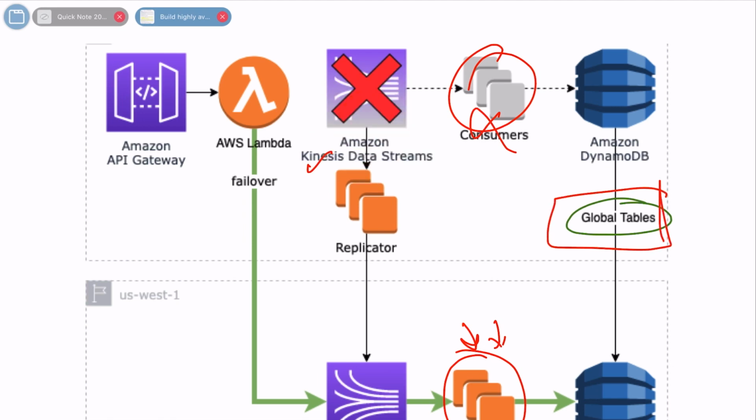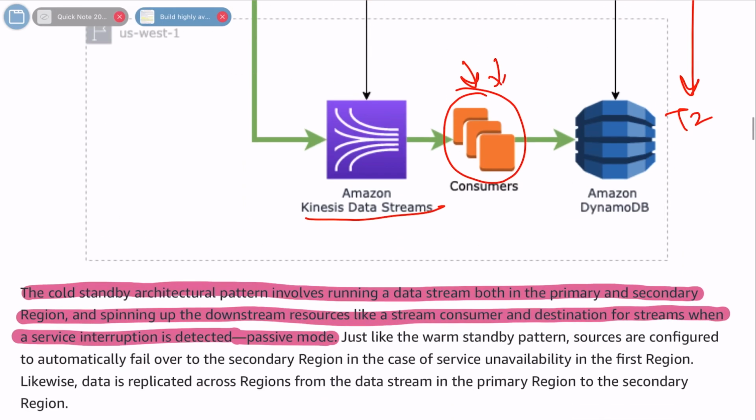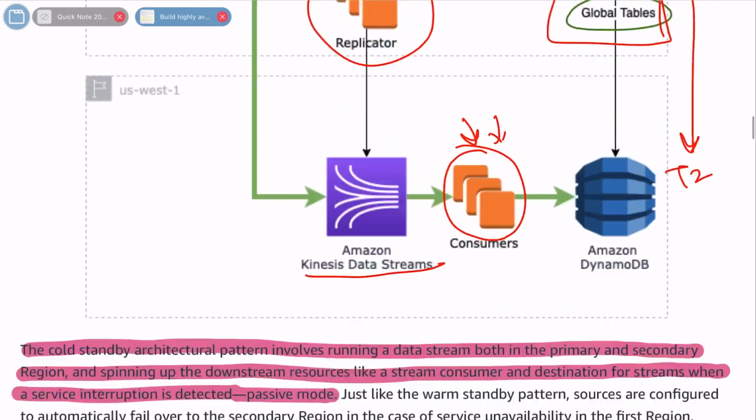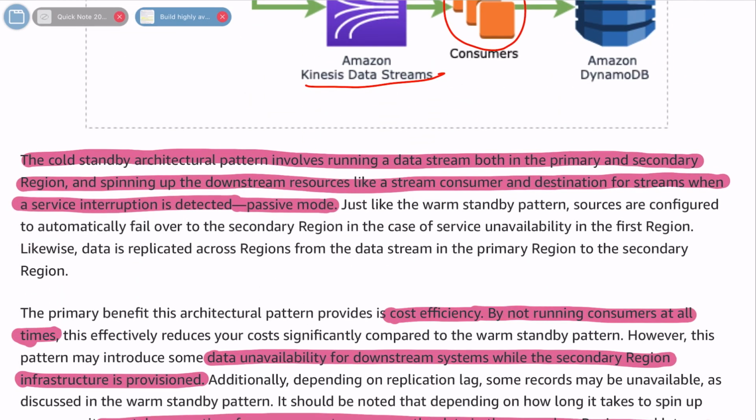A global table is essentially a table that is available in all the regions which we want. So Amazon DynamoDB will hold the responsibility of replication of data. So let's say this is T1, this is T2. It will be the responsibility of DynamoDB to replicate the data. We don't have to introduce another application here as well, similar to here, where we have introduced the replicator. So the cold standby architectural pattern involves running a data stream in both the primary and secondary region and spinning up the downstream resources like stream consumer and destination for streams when a service interruption is detected.